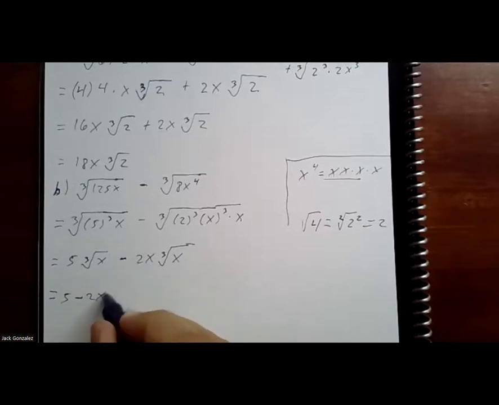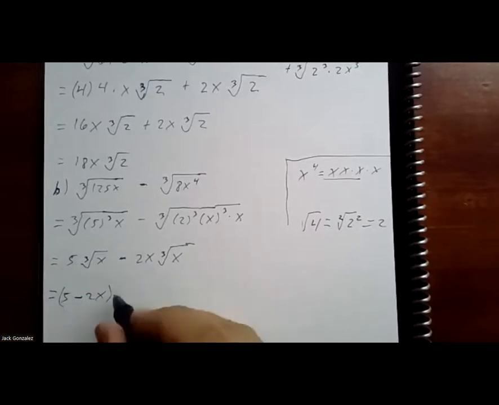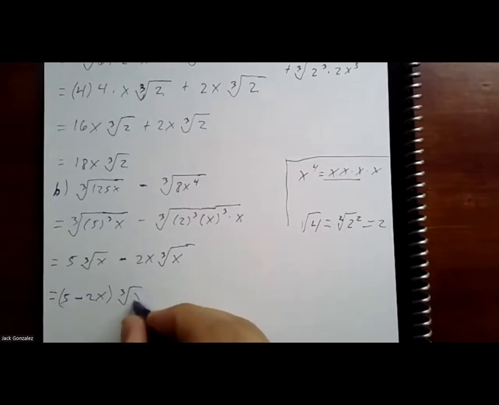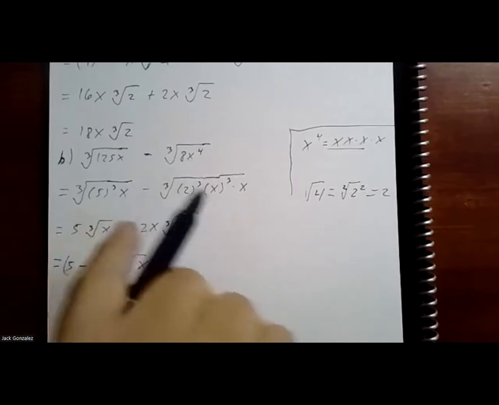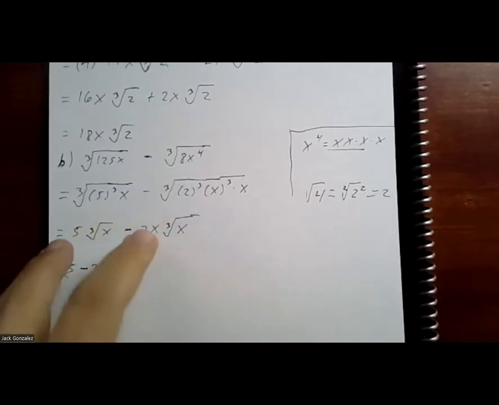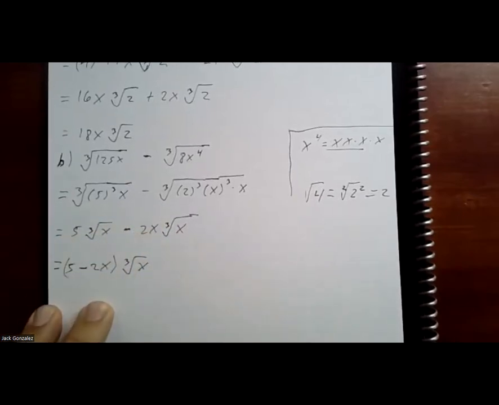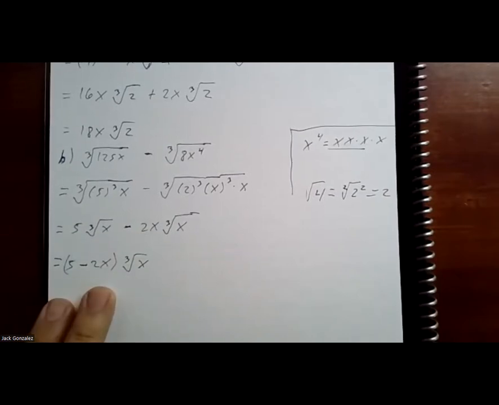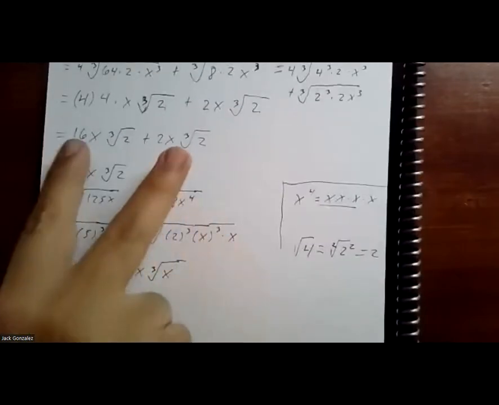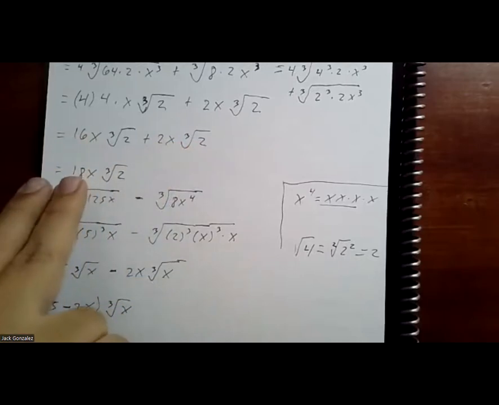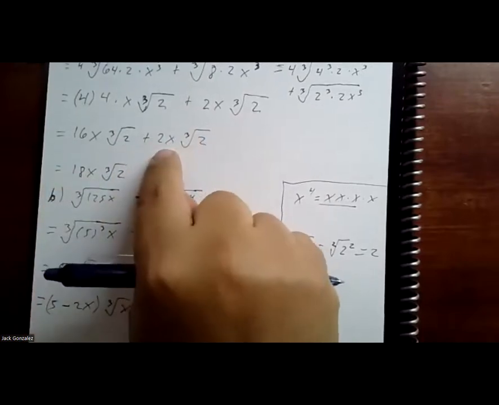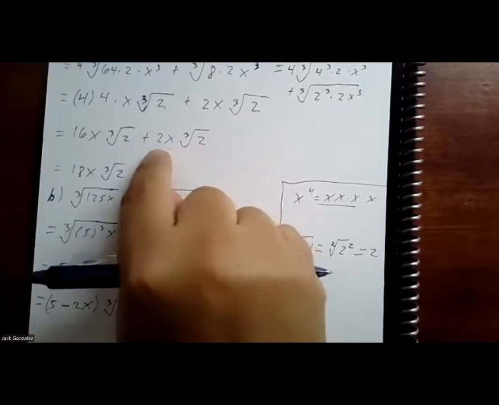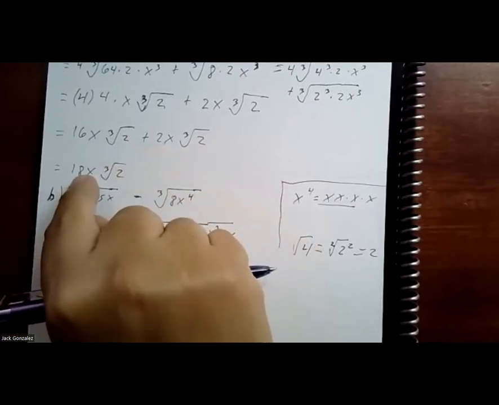Right, these don't combine, so it just stays like this. So 5 minus 2x, I can subtract them together because they have the same root, but they don't combine together. Over here, they did, right? 16 plus 2 was 18. But if these were different, you would just have 16 plus 2 right here. Or let's say this was a 2x squared. This would become 16 plus 2x squared.